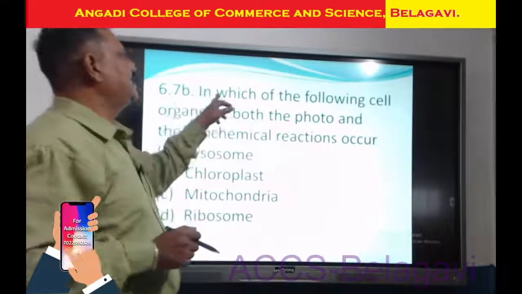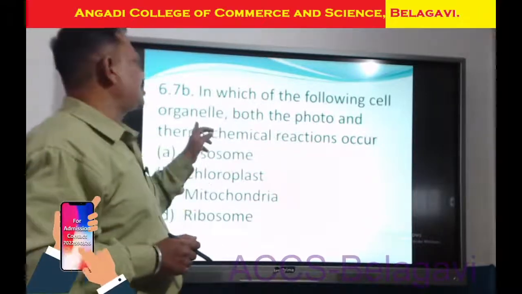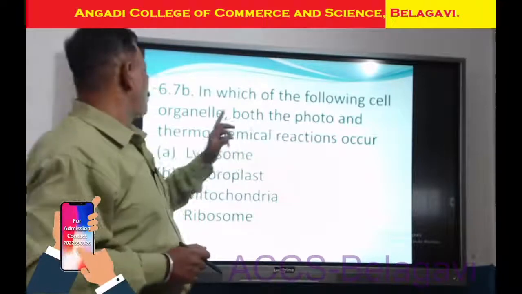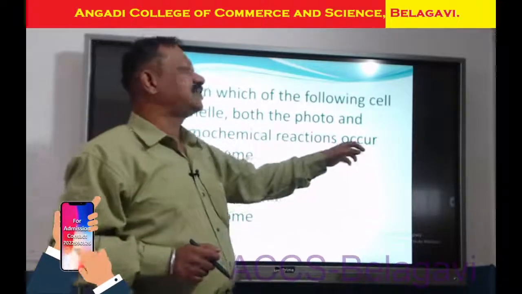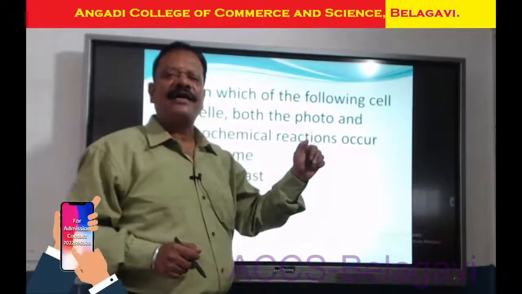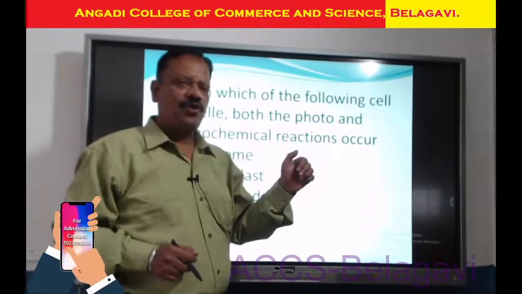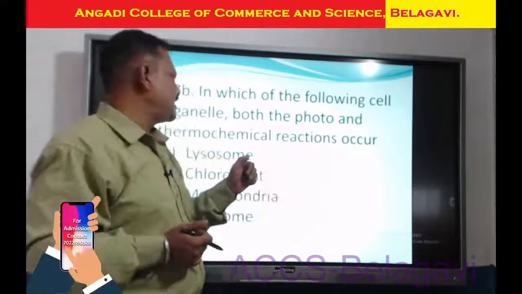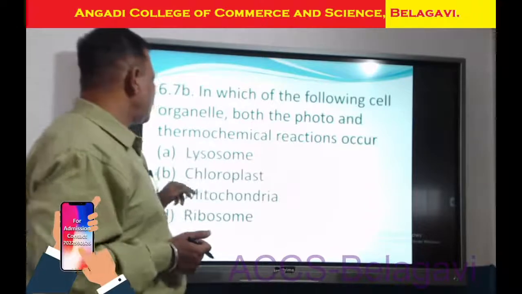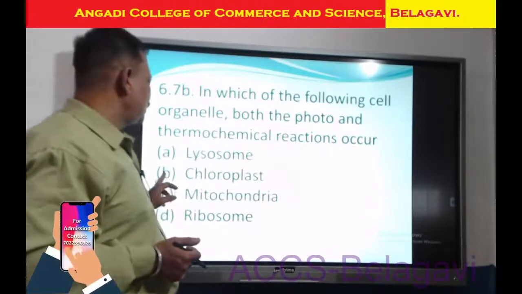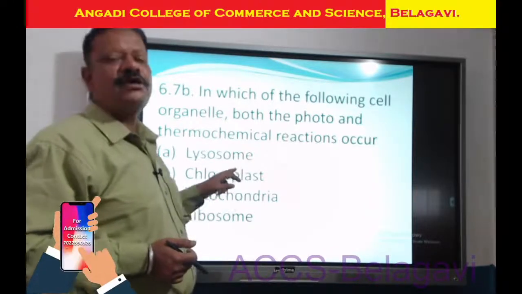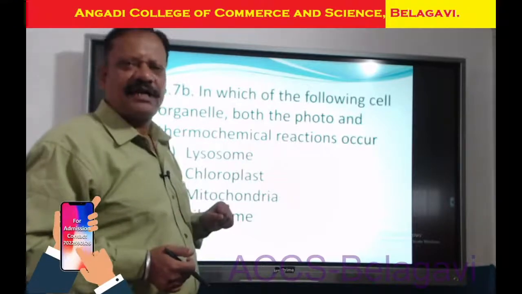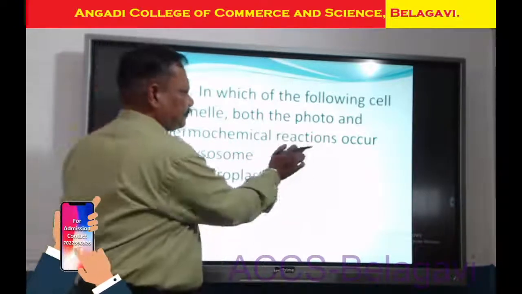Photochemical and thermochemical means the light reaction and dark reaction. So the correct answer is option B, chloroplast. In chloroplast, these reactions are taking place. Next one.